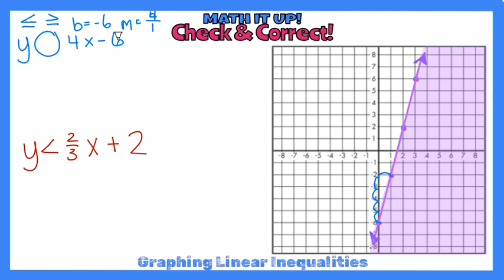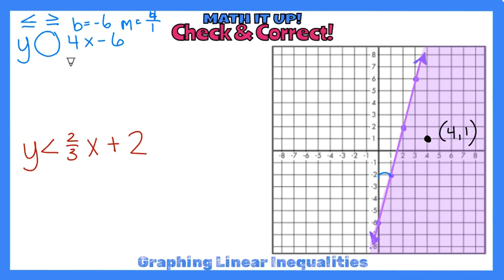And now it's time to figure out what the symbol is. And what we do for that is we pick out a point on the graphed side and use it as a test point. So I'm going to use 4, -1 as my test point and see what it tells me to do with the symbol here.